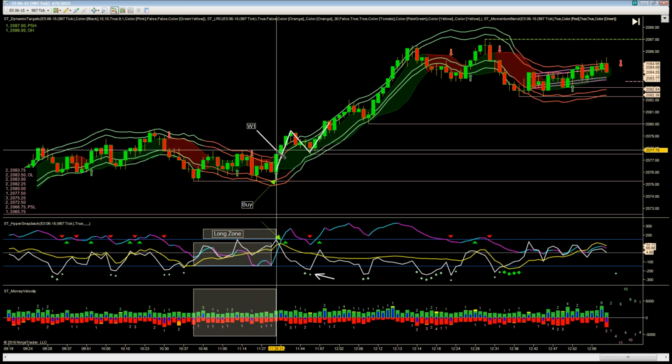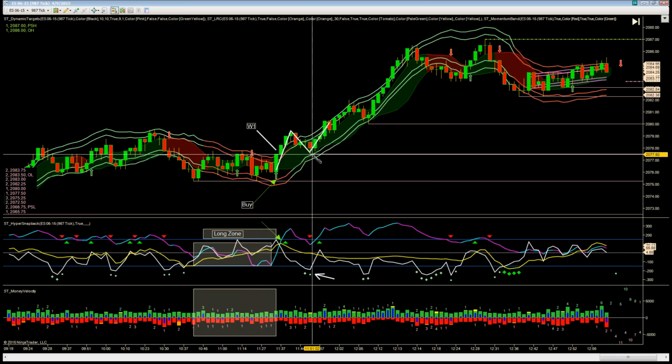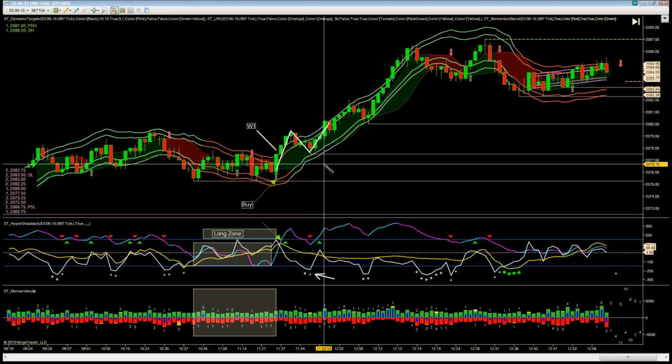And here's your wave 1. And because as price came down into the actual trend study, and it fails here on this dynamic target line, all failures are wave 2. So we'll mark that.